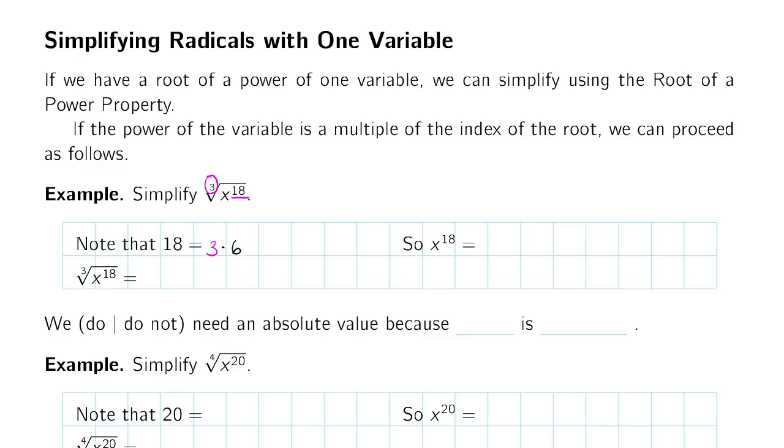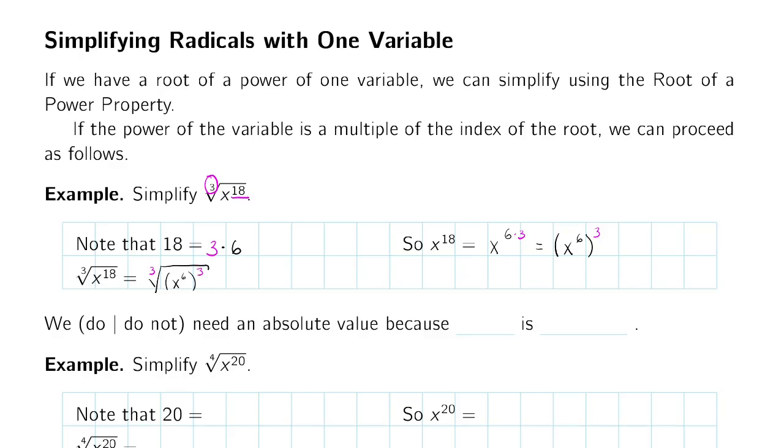So x to the power 18, that's x to the power 6 times 3, which we can write as x to the power 6 to the power 3, using that power of a power rule. And so the third root of x to the 18th is the third root of x to the 6th to the third.